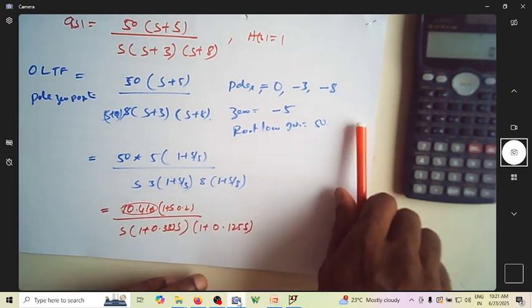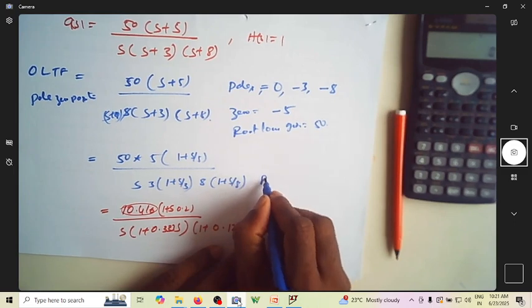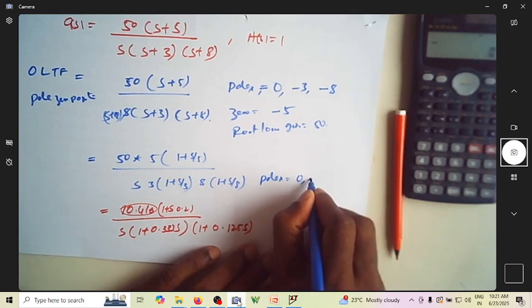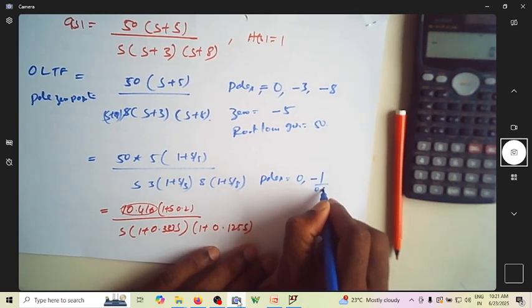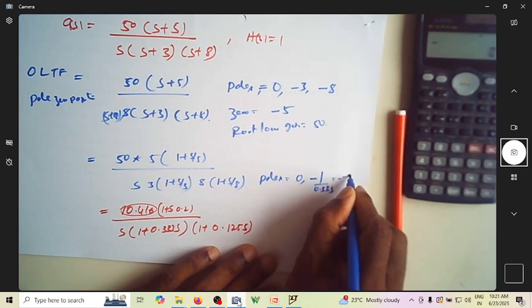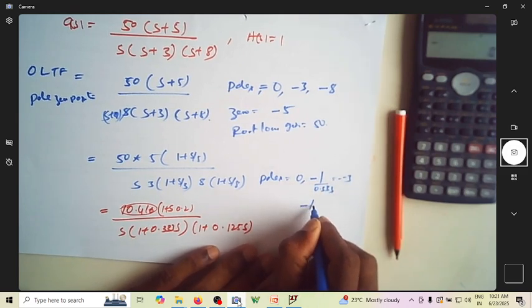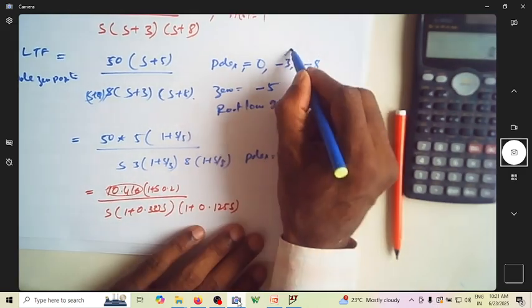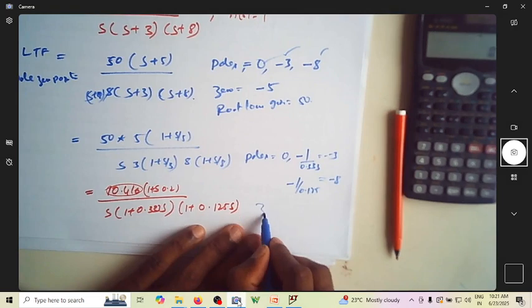Now where are poles? Poles are still at origin, minus of 1 over 0.333, which is nothing but -3, and minus of 1 over 0.125, it is still -8. Since it is the same position. And where are zeros?